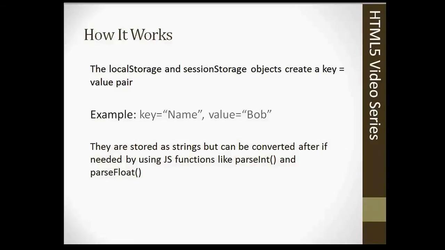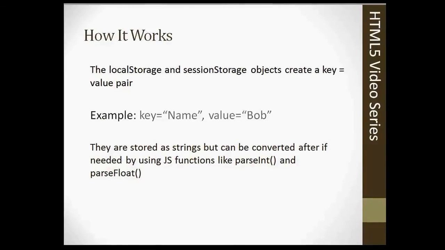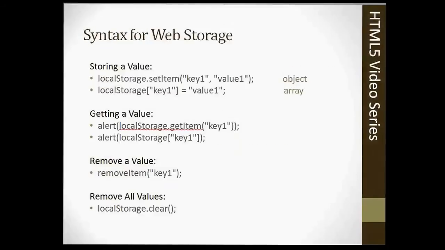And it can be anything. We can store anything, but it's always stored as a string. It's initially stored as a string, but it's possible to convert it, but you'd need to use some JavaScript functions like parseInt or parseFloat.